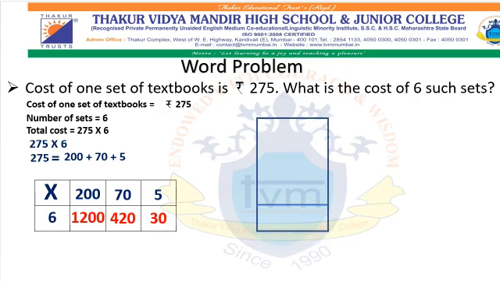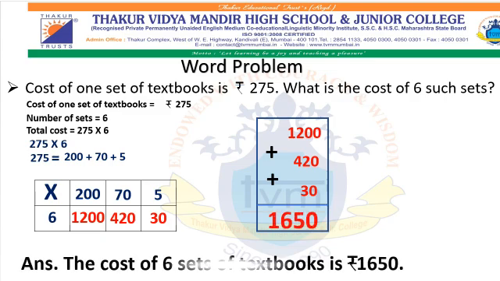We will add these products in the box. 1200 plus 420 plus 30 gives us 1650. And the final answer is the cost of 6 sets of textbooks is rupees 1650.